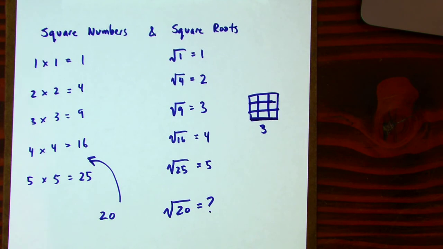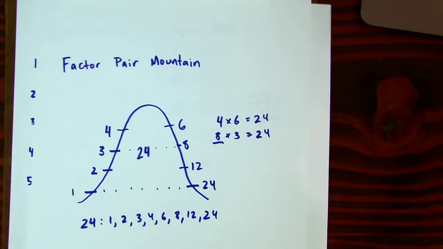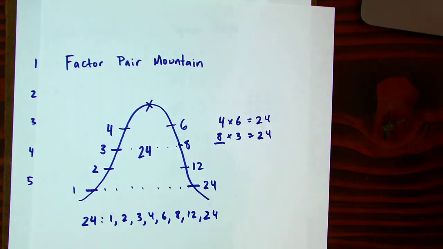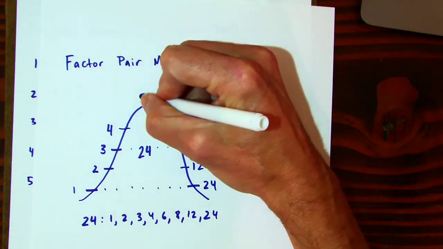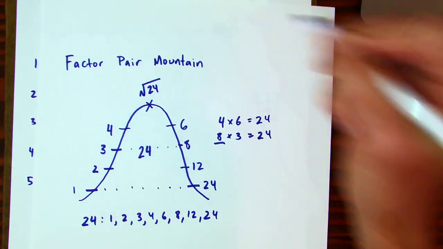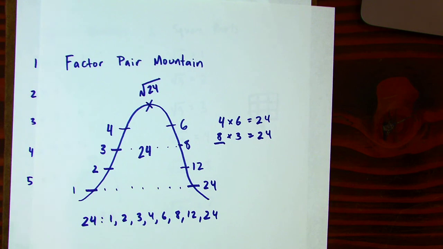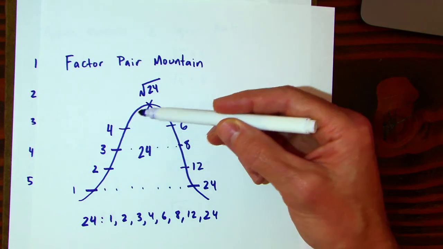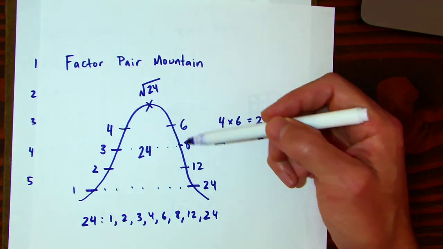The reason why we want to know this is so that when we're finding all the factors of a number, and we might be looking at factor pair mountain, the actual summit of factor pair mountain is the square root of that number. So if we know this, we know the turnaround point, and we can stop finding factors, because once we find all of one side of the mountain, all we have to do is match up the other side.